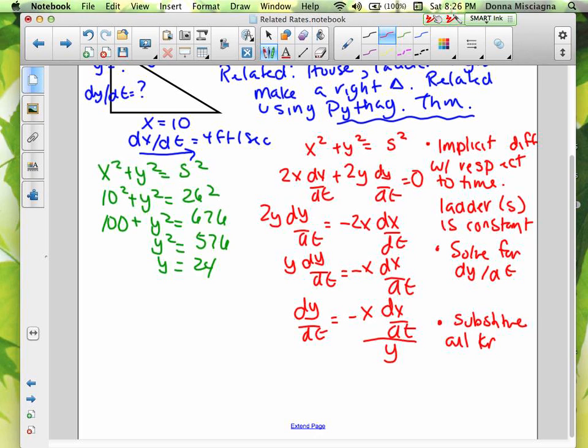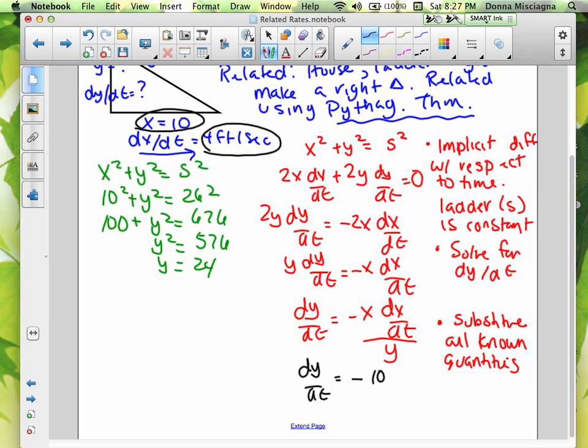Now substitute all known quantities. Actually, everything is known except for what you're solving for, dy/dt. So dy/dt equals negative x, x is 10, dx/dt is 4.